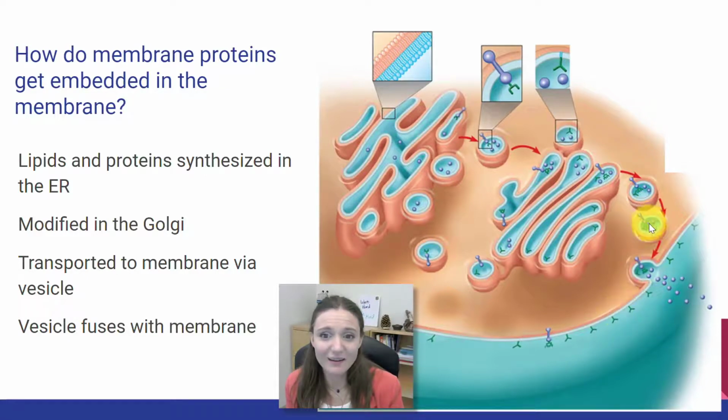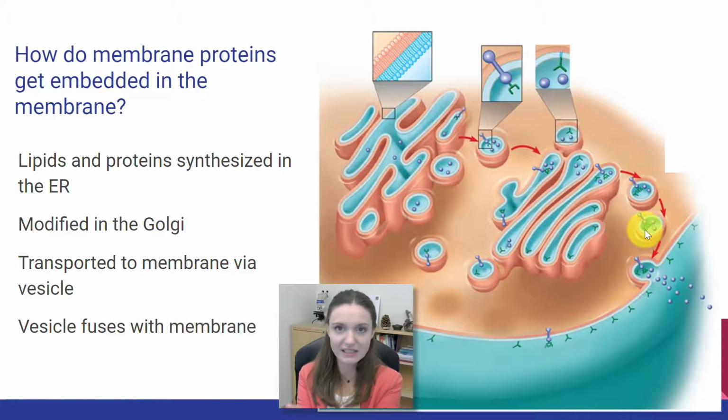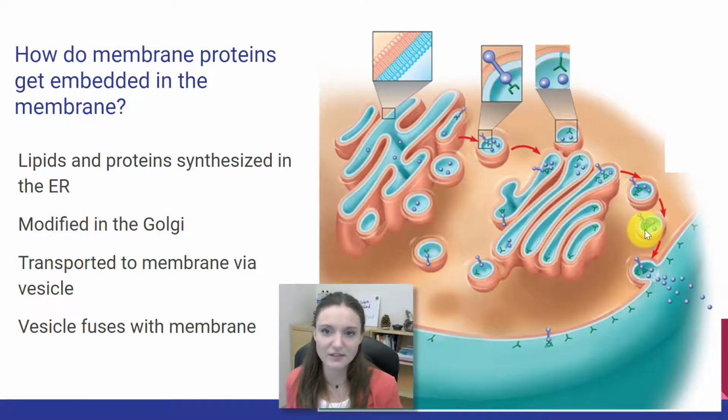And then whatever proteins were embedded in that vesicle end up in the plasma membrane, right? And if we want some proteins just on the outside of the cell, we embed them on the inside of the vesicle, because as the vesicle fuses, the inside of the vesicle becomes the outside of the cell membrane. Okay, so that's how we get proteins on the cell surface.